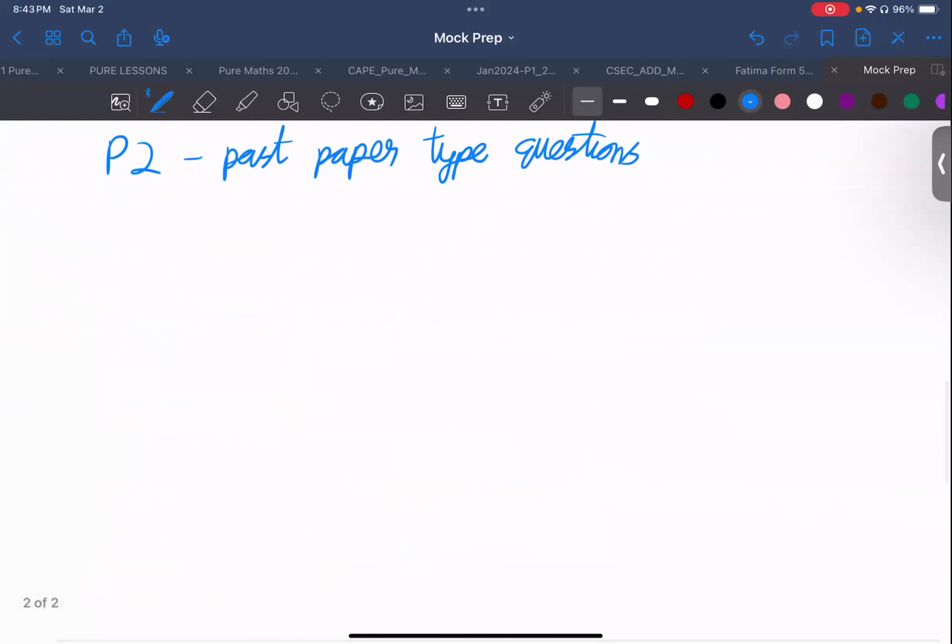You're not going to get exact past paper questions for obvious reasons. I'm not necessarily going to give you a past paper question, but it'll be similar to what you'll see in the past paper, right? Now it's out of 100, all questions compulsory.